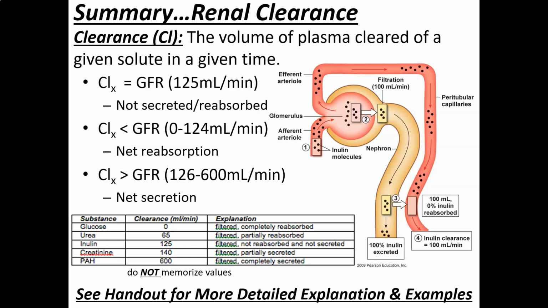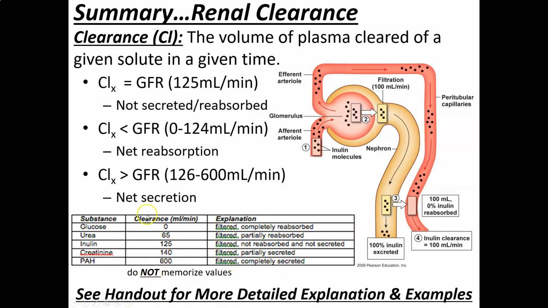If you wanted to get in on the inulin business, right? And you gave it to 100 people and then measured its clearance in 100 people, you would expect, if it actually worked, right, to equal 125 mils per minute on average. If it didn't, then it would tell you your substance that you invented does not work. Okay?